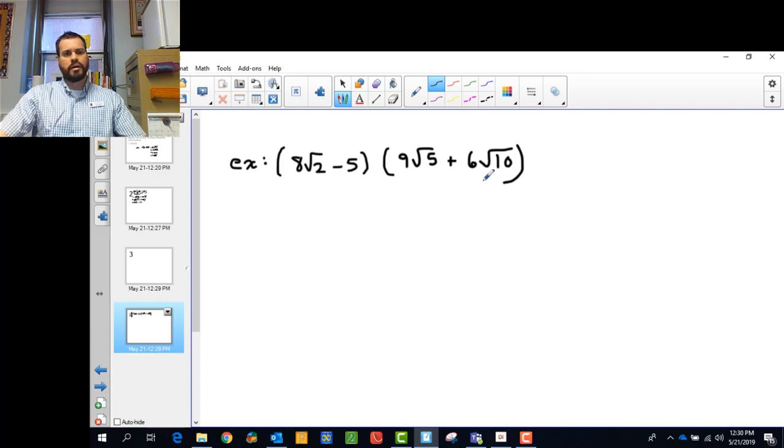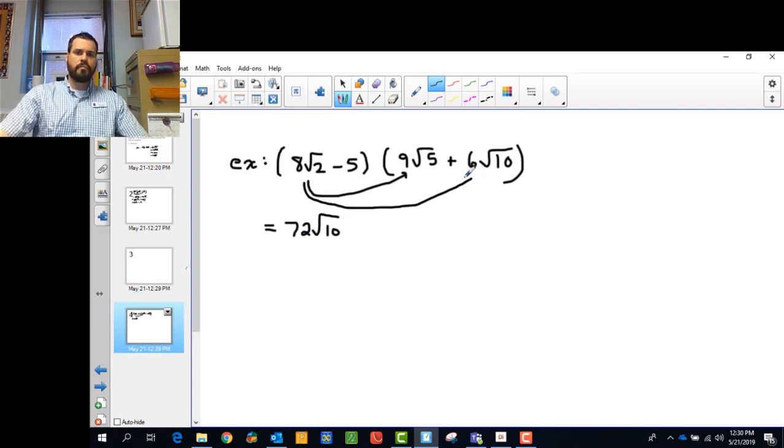So we're going to multiply 8 root 2 by 9 root 5 first. That's 72 root 10. Then we're going to multiply that 8 root 2 by 6 root 10. So that's going to give me 6 times 8, which is 48, and 48 root 20.